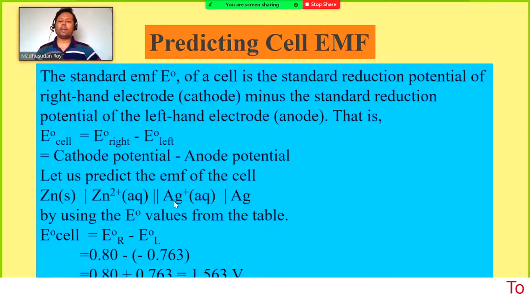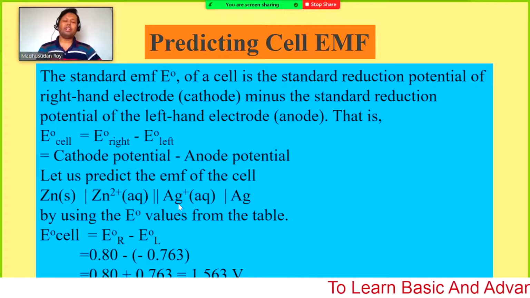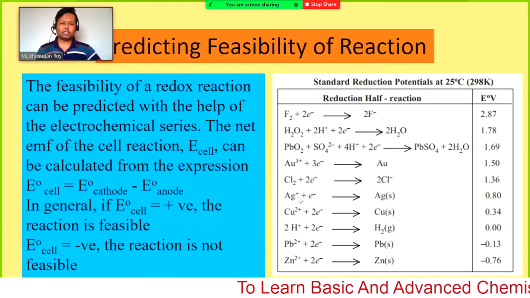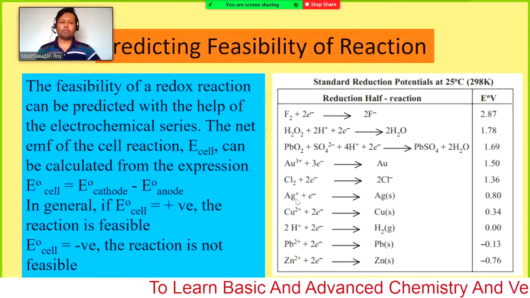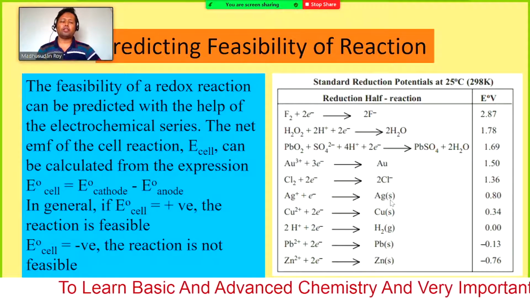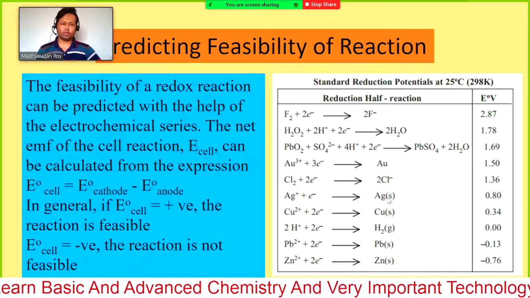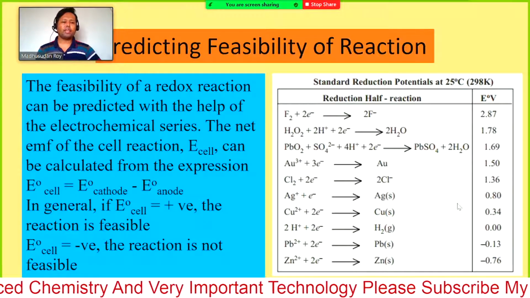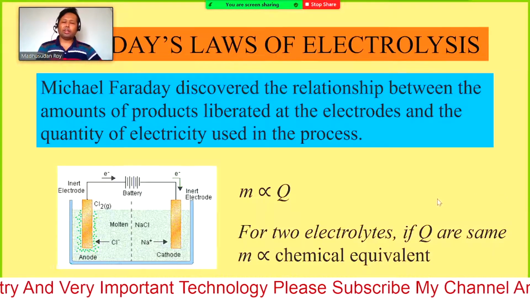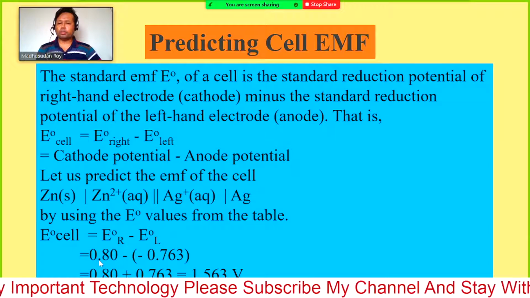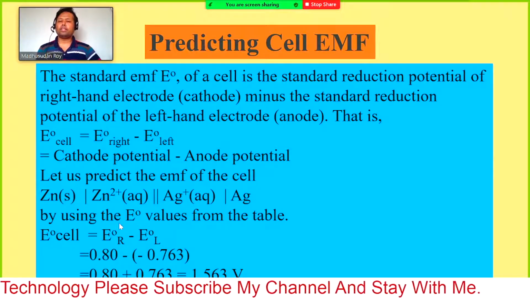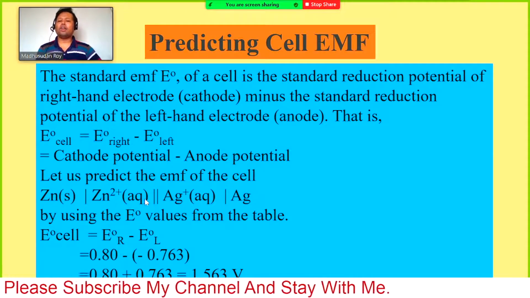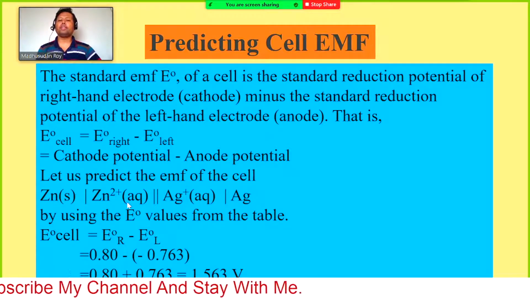Now let us find the EMF value for silver ion reduction potential. This is silver ion plus electron, gaining an electron and forming solid silver. So the electrode potential for silver is 0.80. Okay, so we put the value 0.80 for the right side electrode, the cathode.